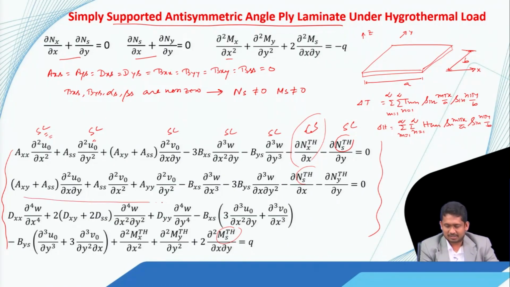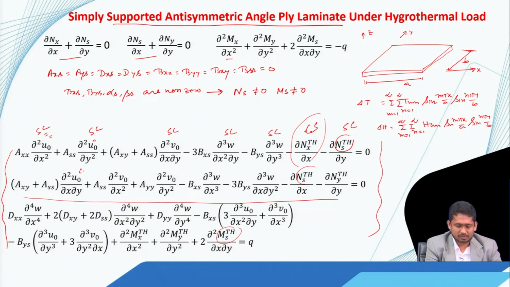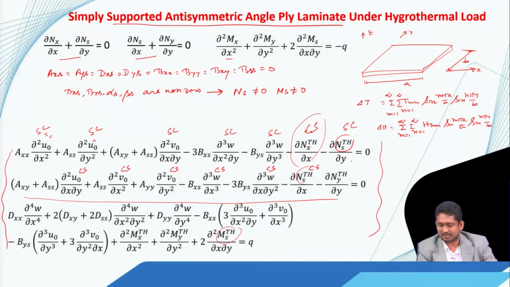Similarly, here we will see the same thing. This will become cosine sine, cosine sine, cosine sine, but this will become sine cosine.